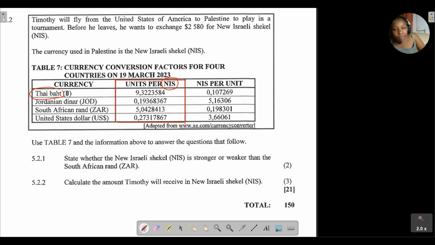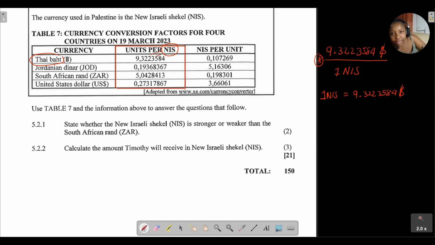So in other words, it basically means that for 9.3223584 divided by, because it's per 1 NIS. That's what is meant there. Meaning, if we had to change this rate into an equation, it just means 1 NIS is equal to 9.3223584 Thai baht. Let's look at the next one again.